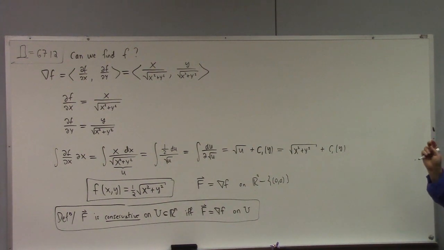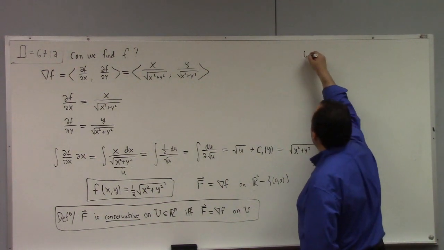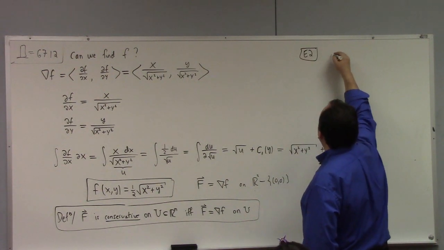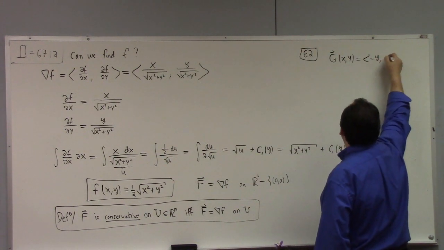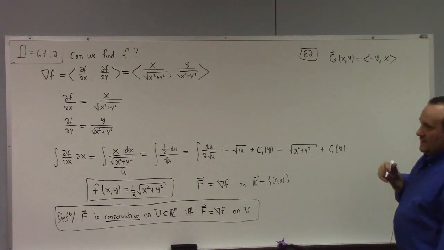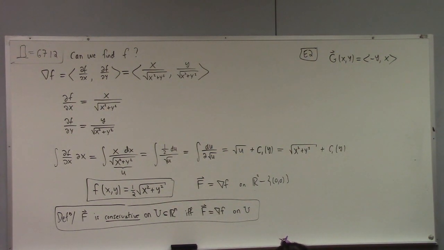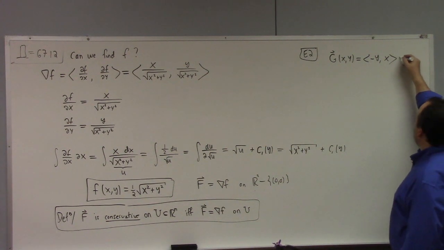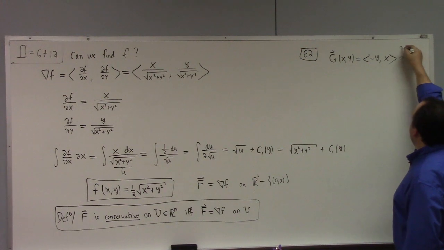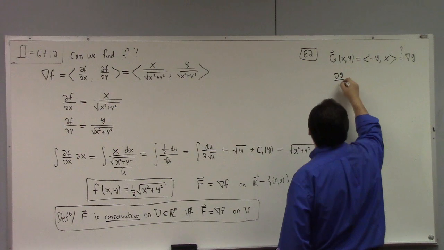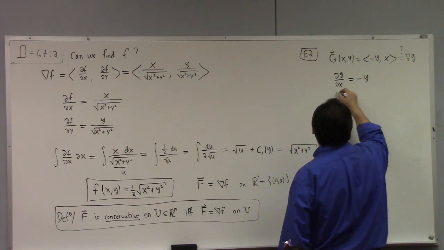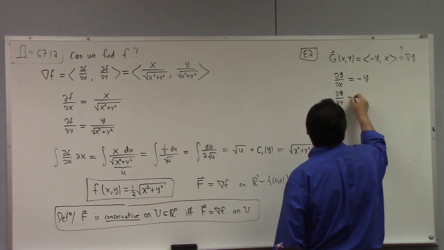So if the components of your vector field don't play nice, then, for example, if we had g of x comma y equal to minus y comma x, we're not going to be able to find a potential function for this. You could say, is this equal to the gradient of some little g? Well, if it did, you'd on one hand have partial g partial x equals minus y, and you'd also have partial g partial y equal to x.